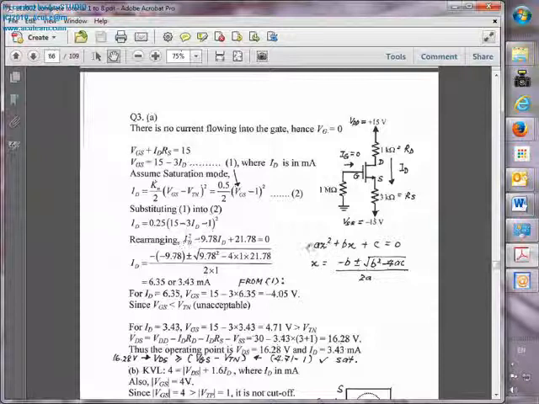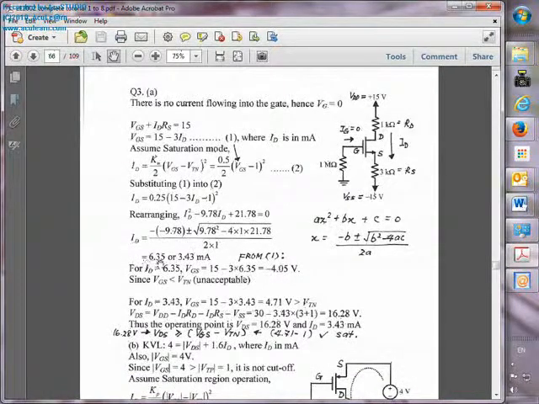where A in this case is equal to 1, B is minus 9.78, C is 21.78. Solve it using the quadratic equation, we can obtain the two values of ID, from the plus and the minus sign.